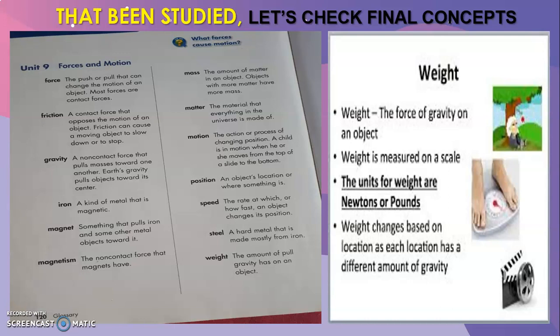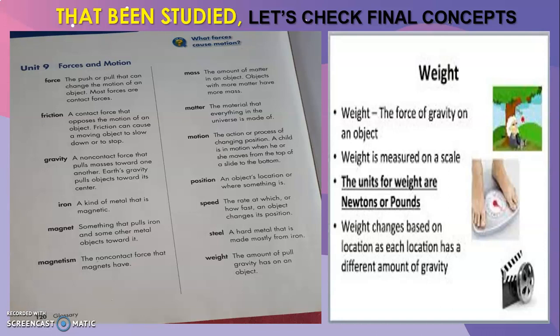When they travel to different parts of the country or the world, they like collecting magnets, and they decorate the refrigerator with them. They are called magnets because they pull iron and some other material toward them. When you put them against the refrigerator, they do not fall down. They are attracted by this magnetism. And magnetism, Majo, is the non-contact force that magnets have.